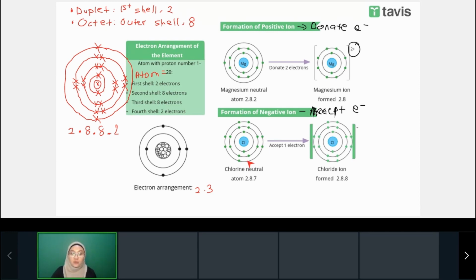Either it's easy to receive another one, or you eliminate these 7 to achieve the electron arrangement. So it will be easy to accept another electron to become octet. If you receive an electron, you will get the negative ion.